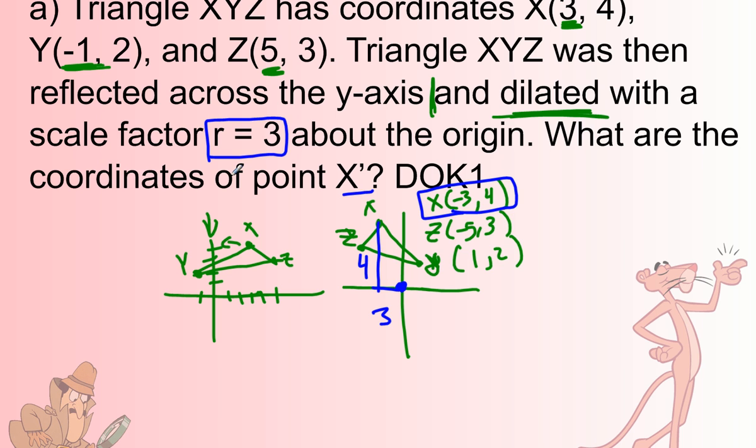So I'm going to take both of those dimensions and multiply by 3, which means I'm going to be going 9 units this way and 12 units that way to get my x prime. So my coordinates would be -9 in x and 12 in y.